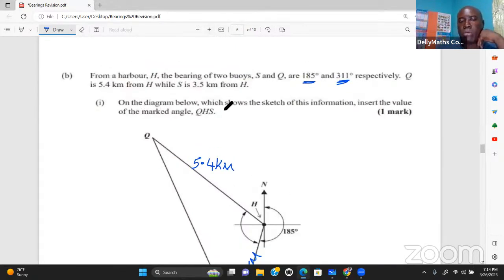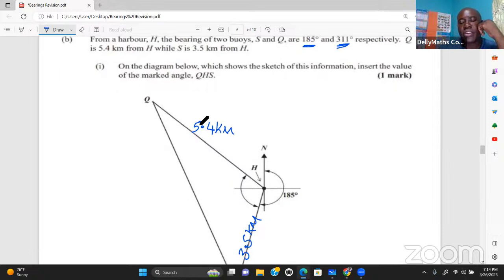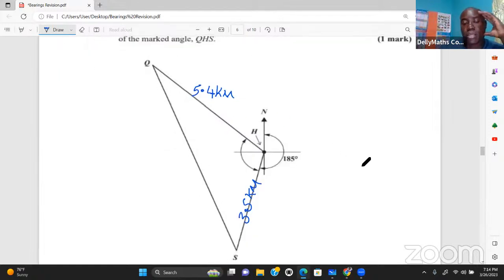On the diagram below, which shows the sketch of this information, insert the values of the marked angle QHS. So the first question, they want us to find the angle QHS, which is this angle I'm going to put in green.